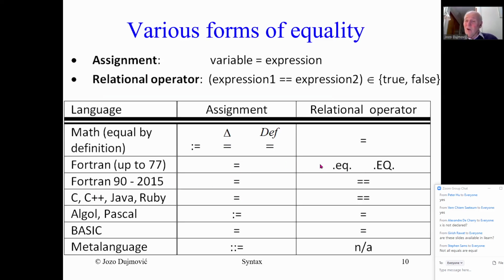But for relational operator, they were using EQ, equal to. So Fortran is a case insensitive language. So you can write that in lowercase and in uppercase. So for greater than, they use GT. For less than, LT. For equal to, EQ. For not equal to, NE.